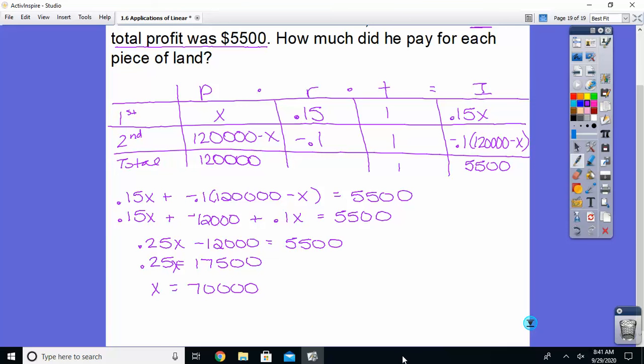So the question was, how much did he pay for each piece of land? Does this mean he paid 70,000 for each? No. He paid 70,000 for the first. And to get my second one, you have to do 120,000 minus 70,000.